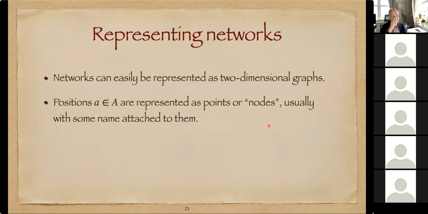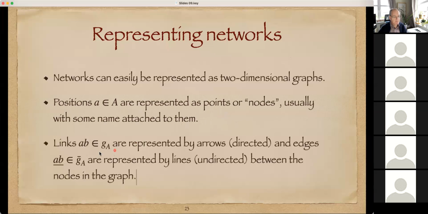Now, what we can do is represent positions by nodes, as I already said. A node is a small circle on a piece of paper with an empty space inside. And in that space, you can write a name. So you can name every node. And so you attach a property to every node. So that's what I refer to here.